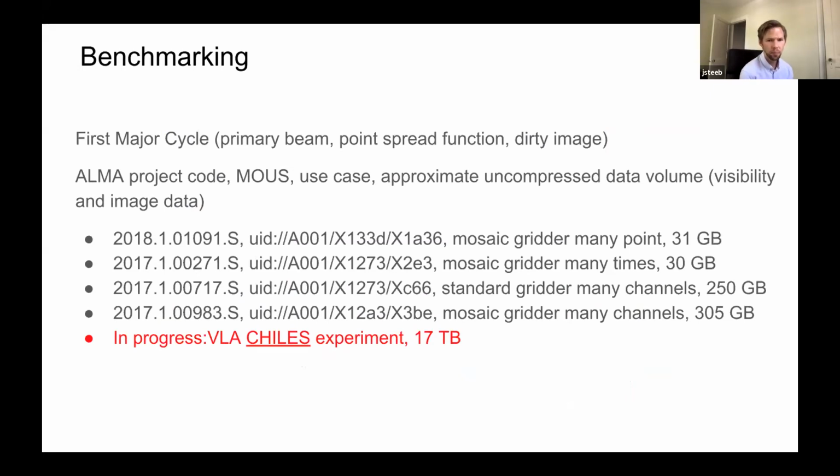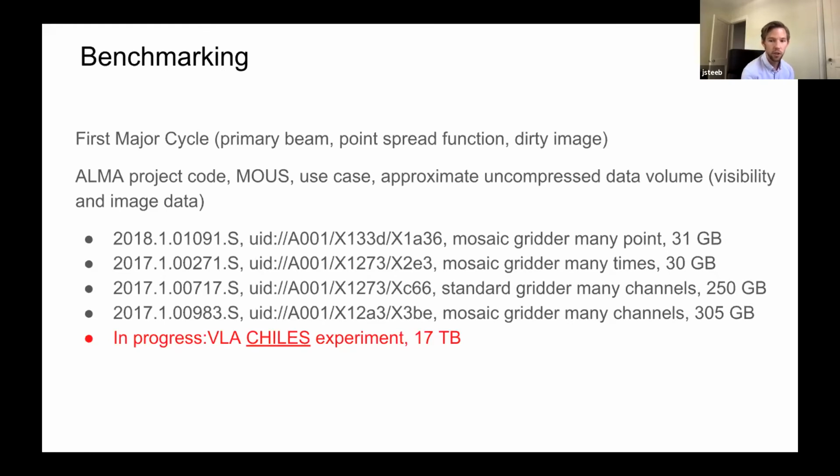Now, we have 4 ALMA data sets that we are using, plus the big data set to actually stretch NGCASA's legs. The first 2 are small mosaics, about 30 gigabytes of data that needs to be computed, gridded and stored.